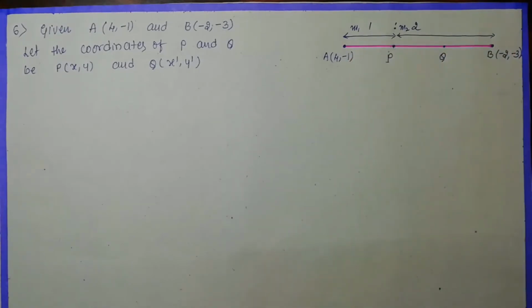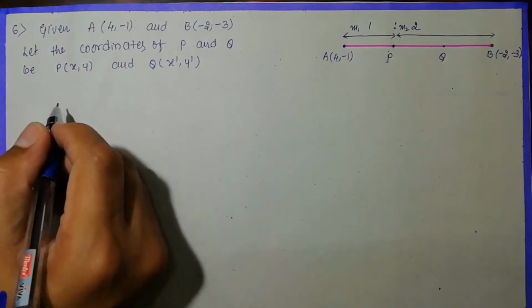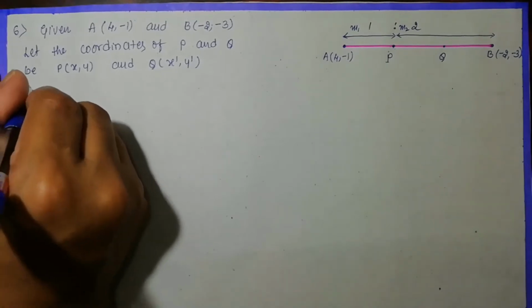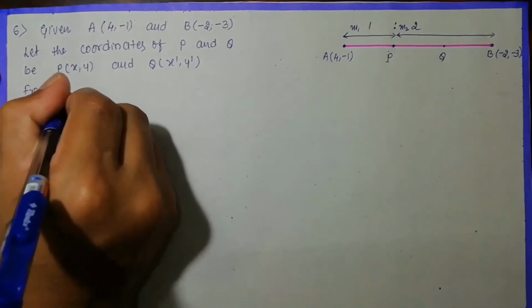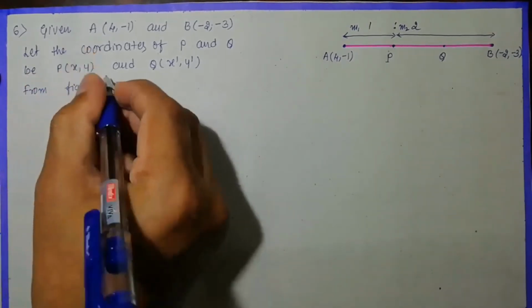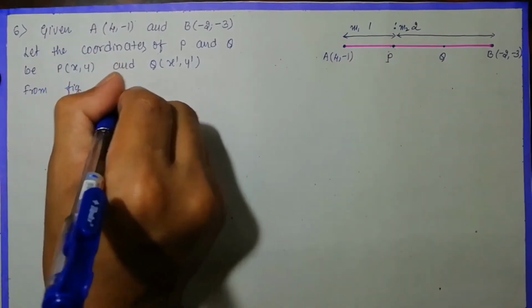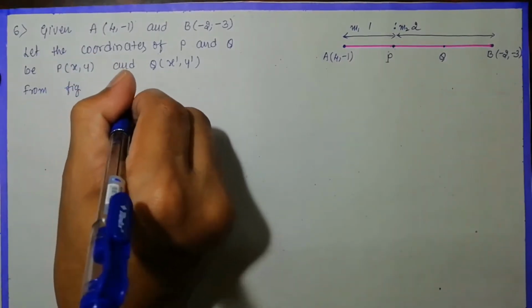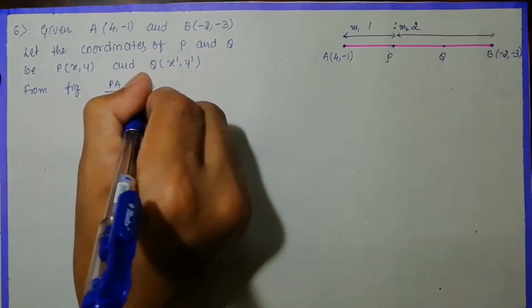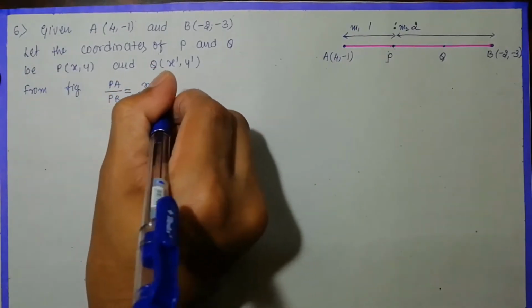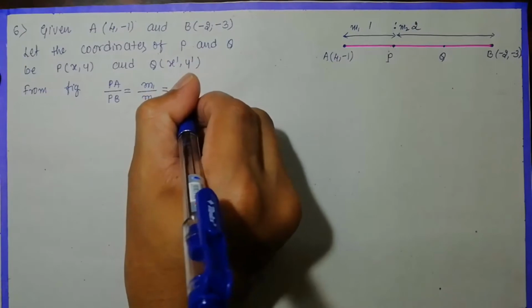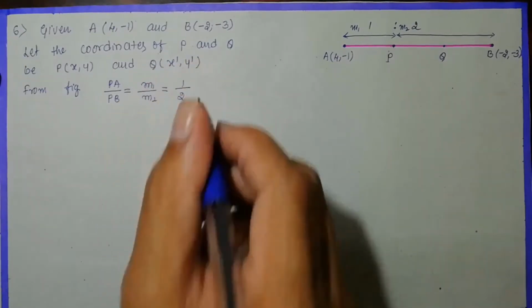So now you can apply the section formula. So now from the figure you can write it like this: PA by PB is equal to m1 by m2 is equal to 1 divided by 2, meaning m1 is equal to 1, m2 is equal to 2.